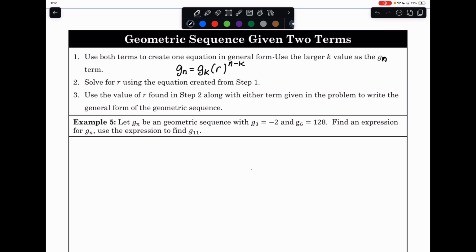We're going to use the larger k value as the G of n value. From there, we're going to create an equation where we solve for r using 2 steps, division and then a root, and then use the value of r from step 2 along with either term given in the problem to write the general form of the geometric sequence. So let's look at example number 5.